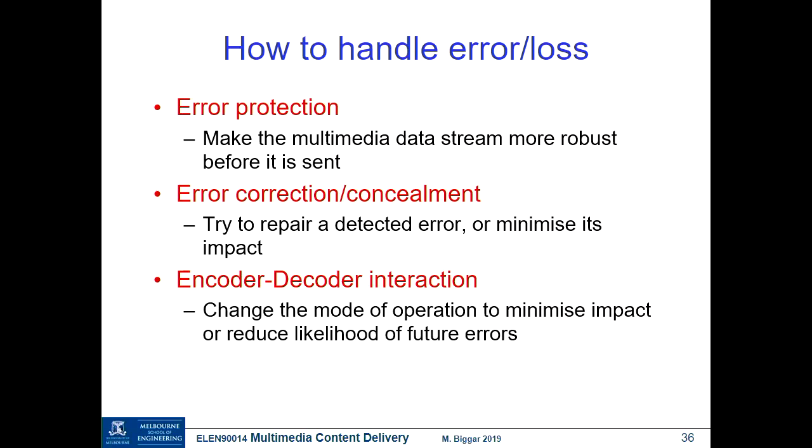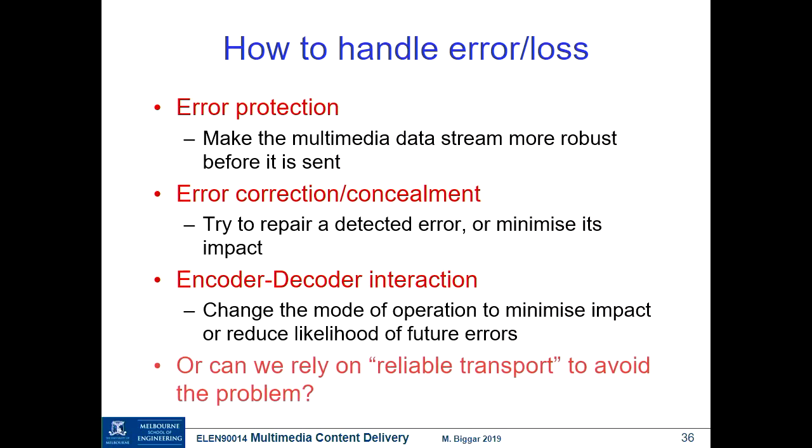It's sending information to a decoder. An error occurs. Even if we can't retransmit the lost data because we're worried about delays, just knowing that the decoder had experienced an error or a loss could mean that we change our subsequent encoding decisions and therefore minimise the impact, but we'll go into more detail later on.